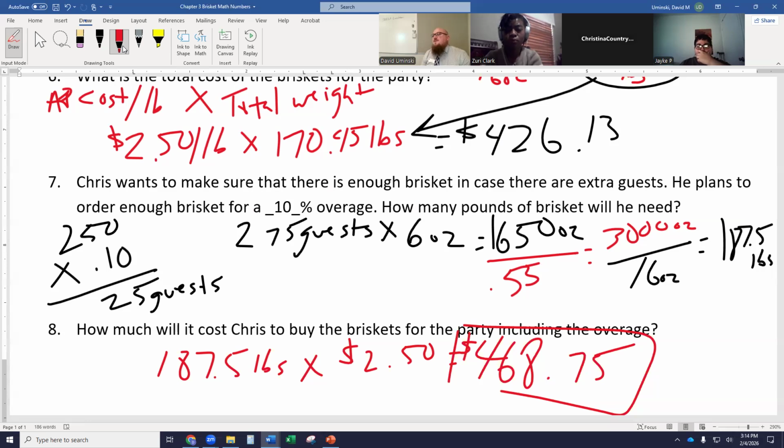Next week on Monday, somebody remind me about the brisket calculator that I created in Excel. I'll show you how you can just type in all the numbers and it gives you all the answers. And I'll post that on campus for you. It's the calculator I created for this particular assignment.